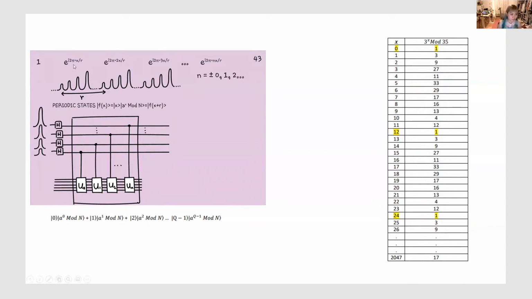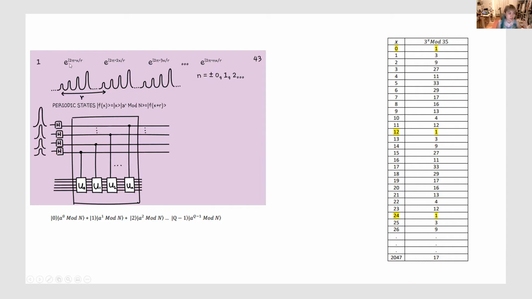There's a phase shift. So when you have a periodic state, that is f of x equals f of x plus r, with r being this pitch here, that just says that if you shift it by amount r, you will get exactly the same wave there. And the only difference between them is this phase factor.